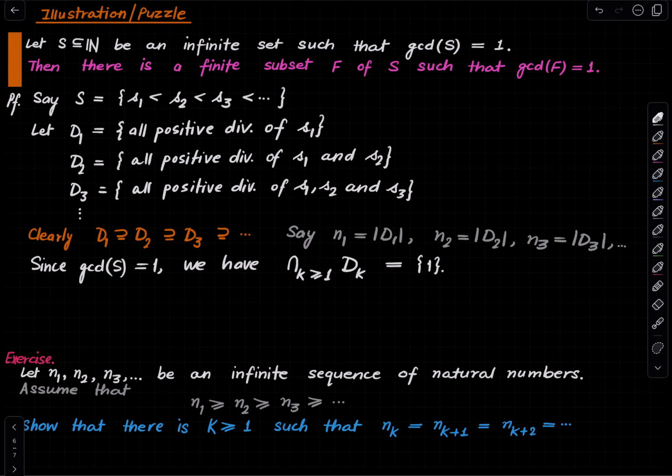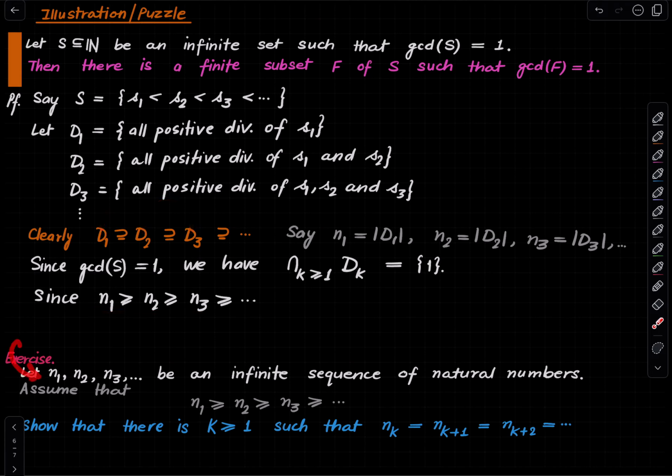So we clearly have these inequalities. Since this is a chain of containments, the size will not increase. The size of D1 cannot be less than the size of D2, which cannot be less than the size of D3, and so on.